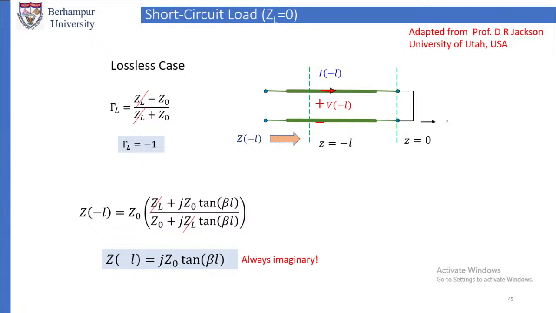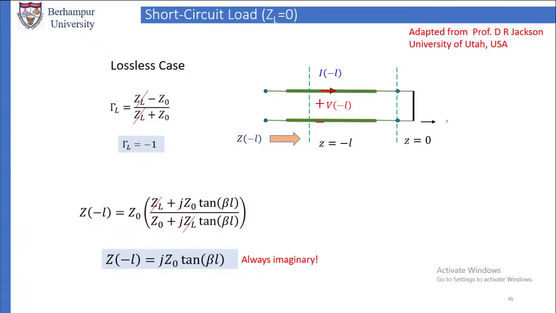Since Z is equal to j Z0 tan beta L, we have the term j being the square root of minus 1. So j theta, or j a, j b, j x, everything is imaginary. So the impedance is always imaginary. If we have a short-circuited load, then the impedance on the transmission line will always be imaginary, or 0 or infinity, depending on what tan beta L is.